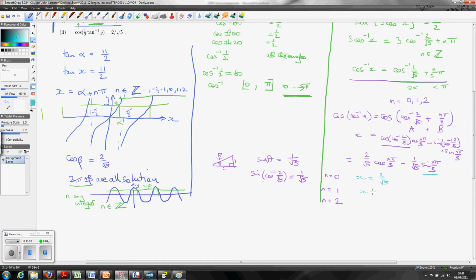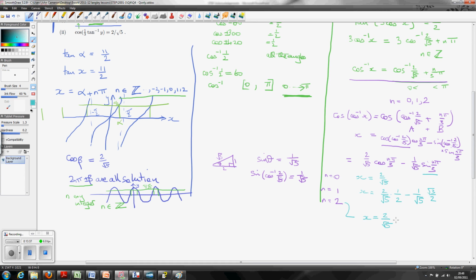If n is equal to 1, x is equal to 2 over root 5 cos of pi over 3, which is times a half, minus 1 over root 5 sine pi over 3, that's sine of 60, which is root 3 over 2. And if n is equal to 2, x is equal to 2 over root 5 cos of 2 pi over 3, that's 120 degrees, which is, what will that be?